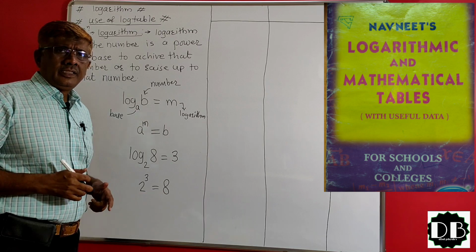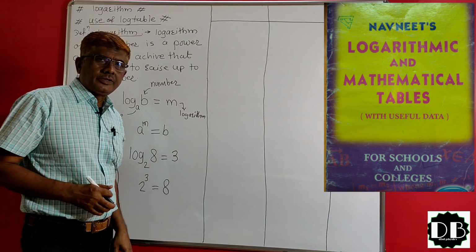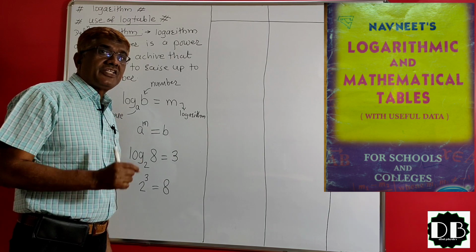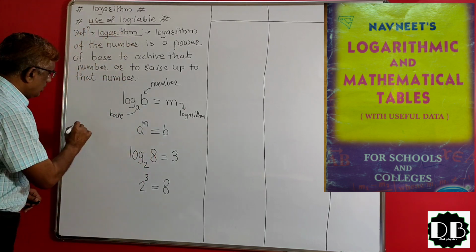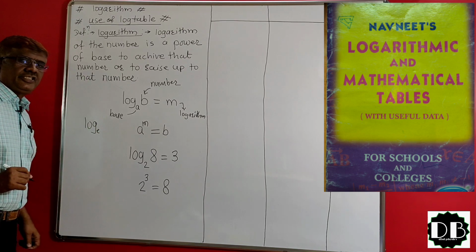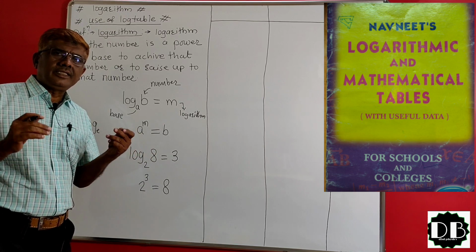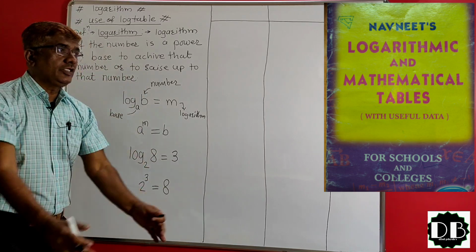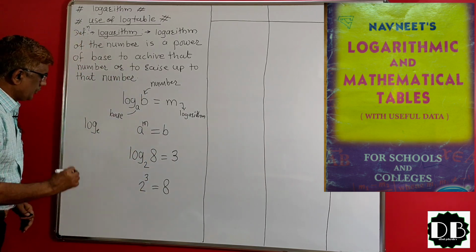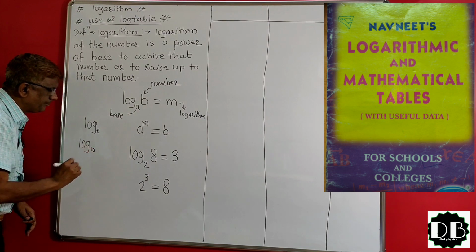Commonly we use two types of logarithms. Logarithm to the base e, exponential log. It is generally used in scientific equations in physics, chemistry, math and so on. But for the calculation we must use log to the base 10.